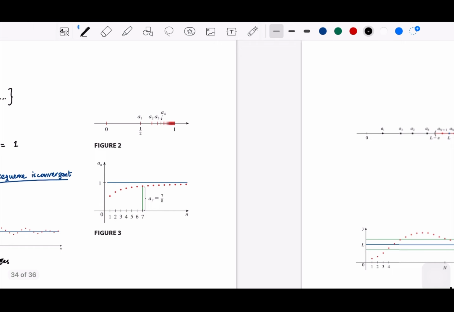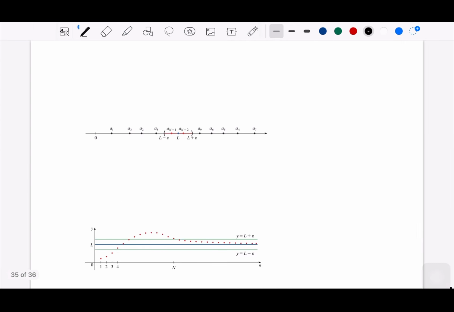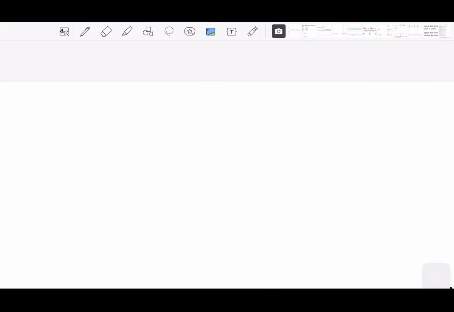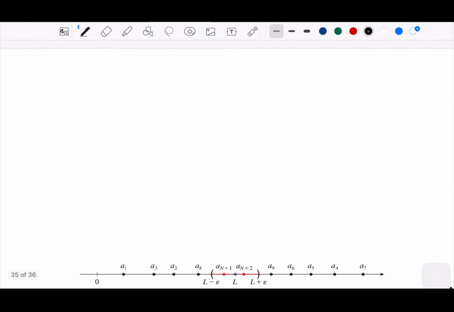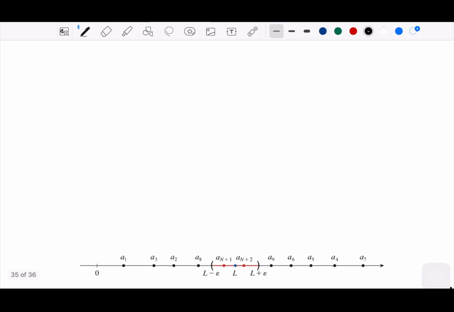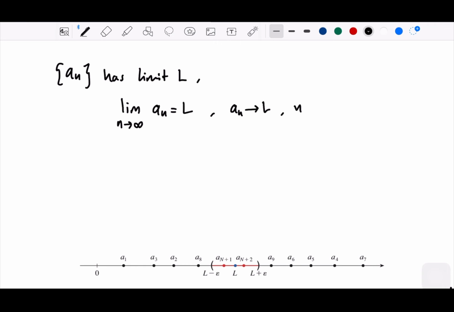Okay, the next one is going to be the precise definition. So let me write the definition first. The sequence an has limit L, and we write first the definition like we did previously: an getting to L as n gets larger.